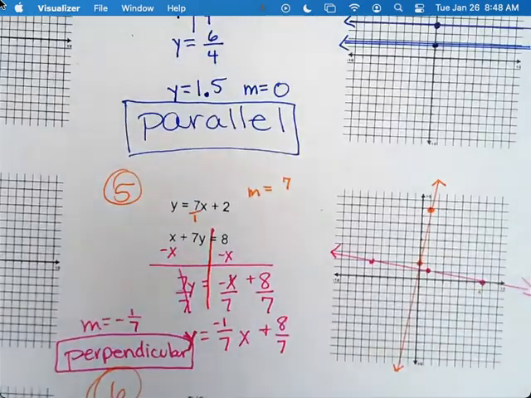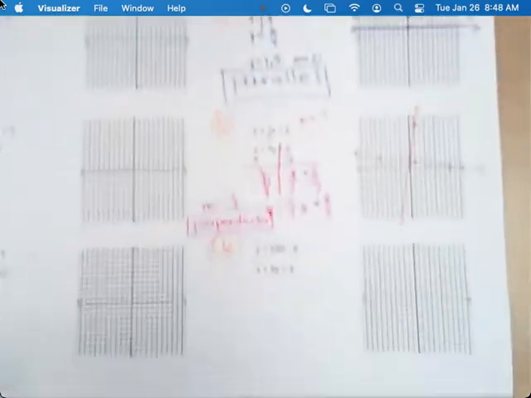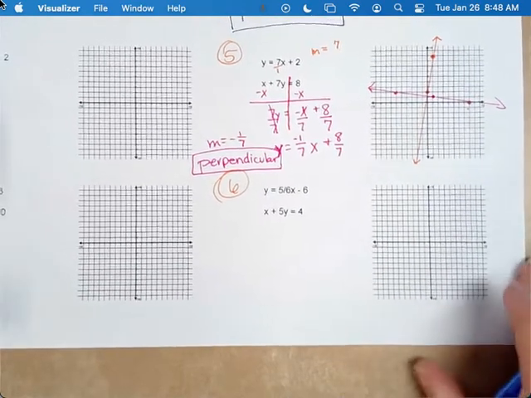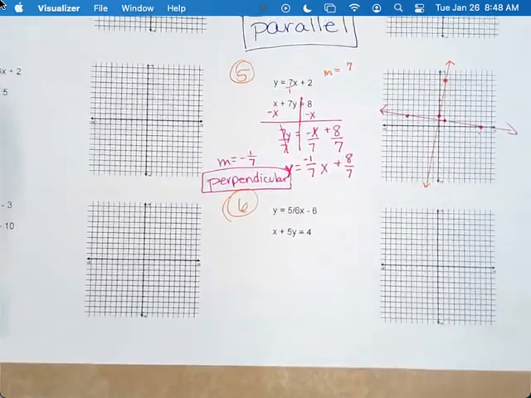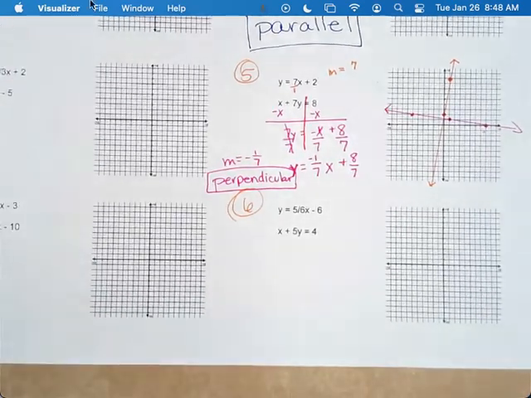Okay, so 4 should be parallel, 5 should be perpendicular. 6. All right, so this should be completed. So you're going to turn this in.